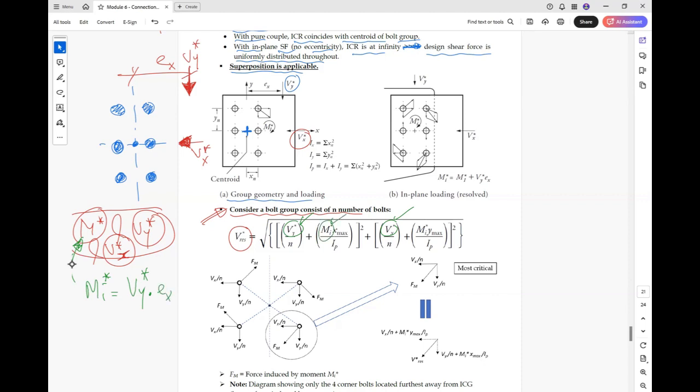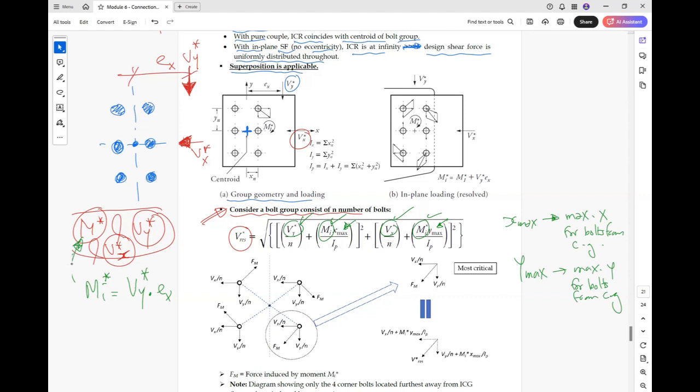So Mi is given. What is X max and what is Y max? X max is the maximum X for bolts from the centroid. Y max is the max Y for bolts from the centroid.